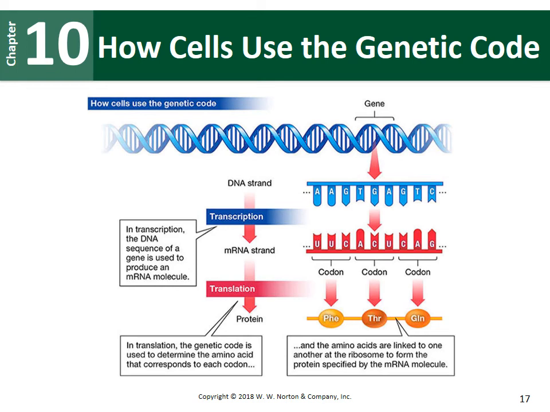Those genes are transcribed, so they go through transcription to create a mRNA molecule. This mRNA molecule is then going to be read in codons, so this is the translation part, to figure out which amino acids are going to be hooked together to create that functional protein, which again gives us all of our traits and characteristics.